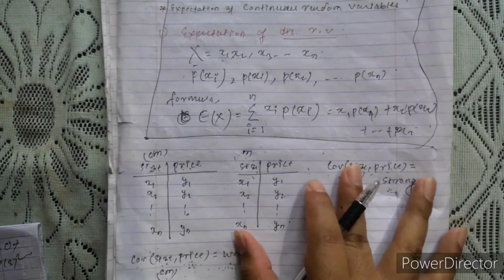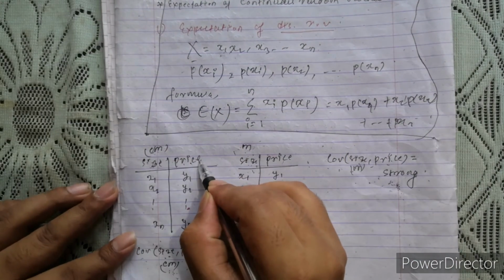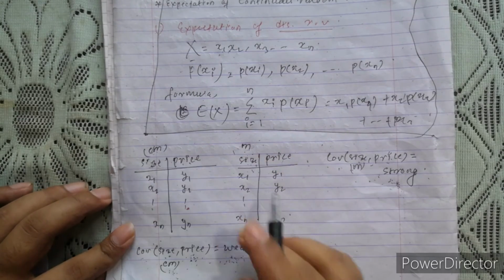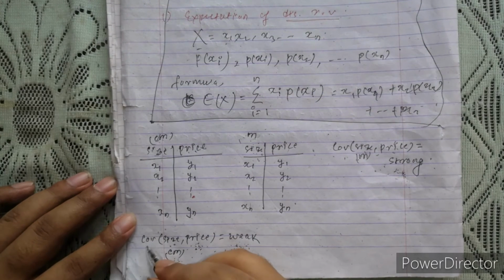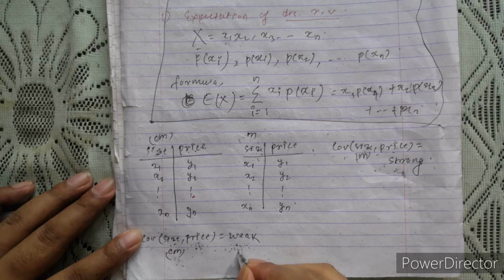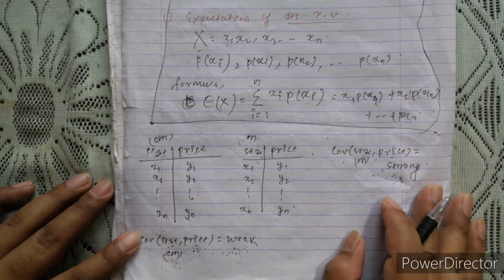Let us suppose that we have two variables, size of the house and the price of the house. Let us assume that the size of the house is in the centimeter scale. And let us again assume that when the size of the house is in the centimeter scale, we get a weak covariance between the size and the price of the house.